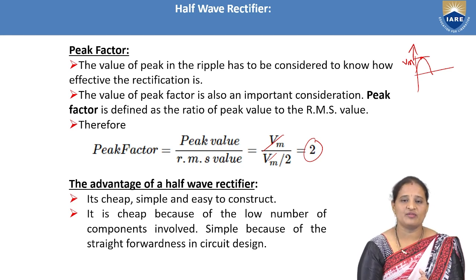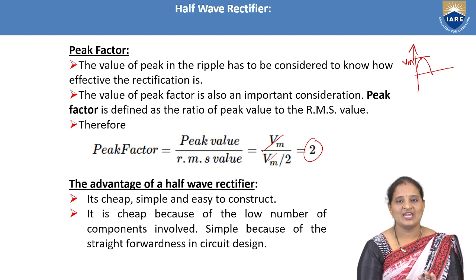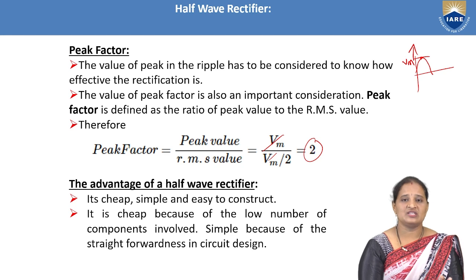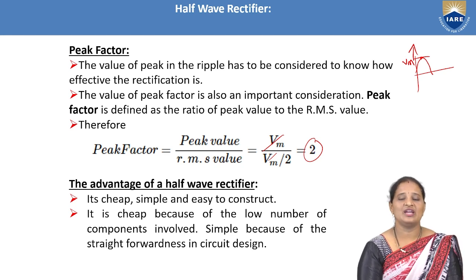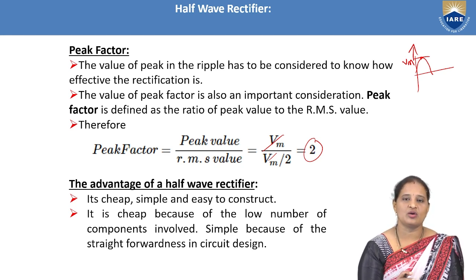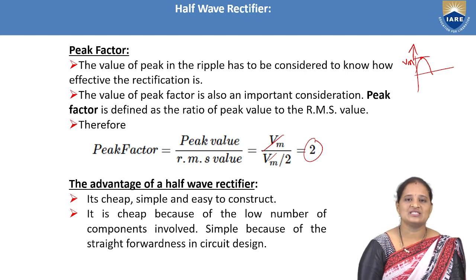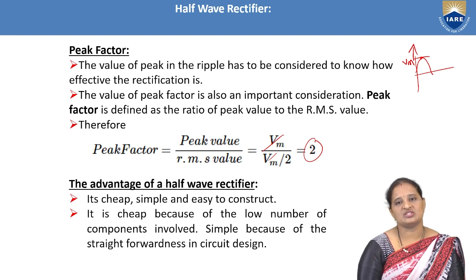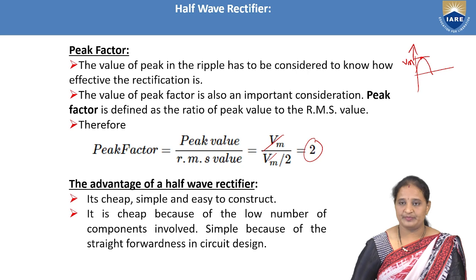As fewer components are involved, it is simple to construct. The cost is also less because fewer components are used here. There is no complexity, so it is easy to construct. All the components are connected in series.